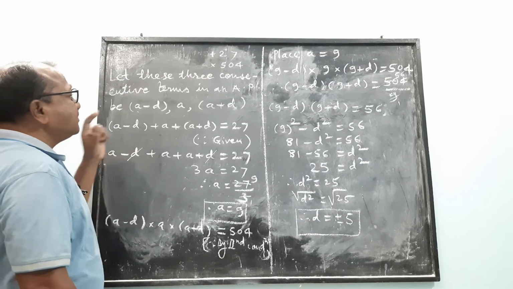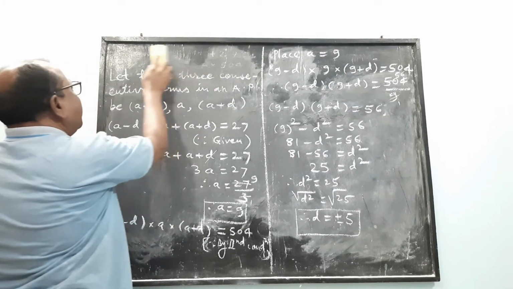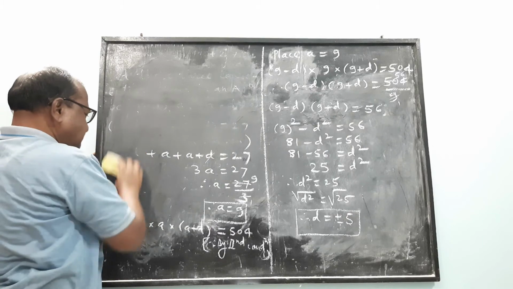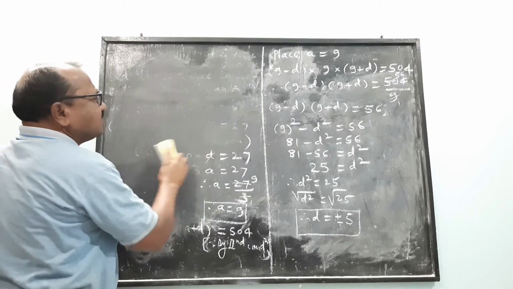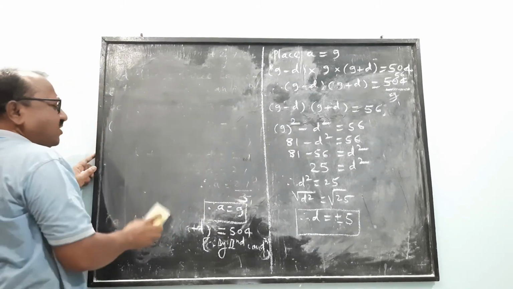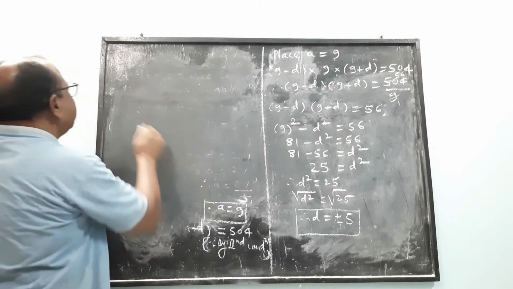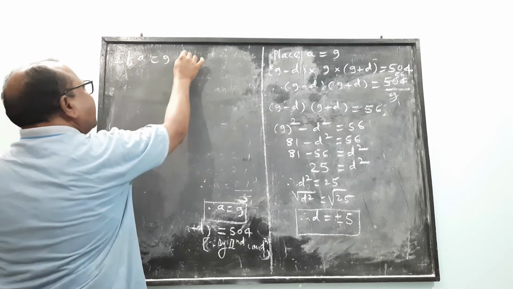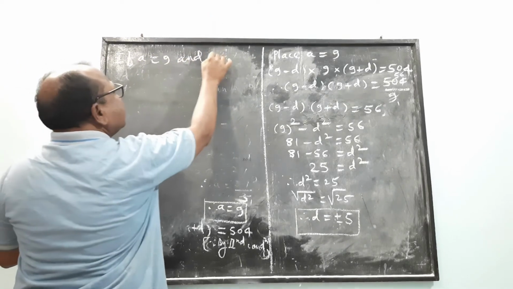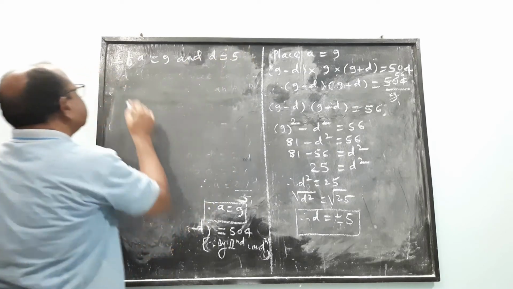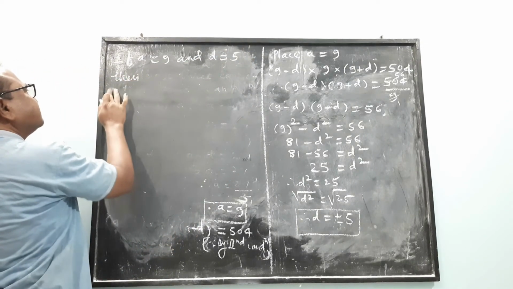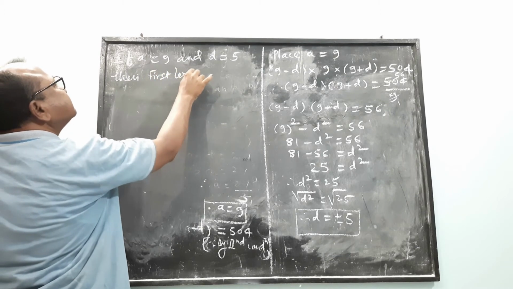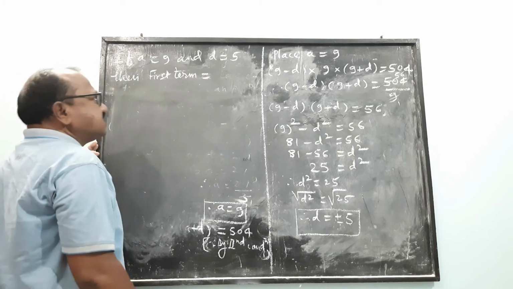Now, you have to calculate all those terms. So, one by one, I will go to the terms. First of all, I have to take the value of A as 9. If A equal to 9 and D equal to 5, then what is the first term?